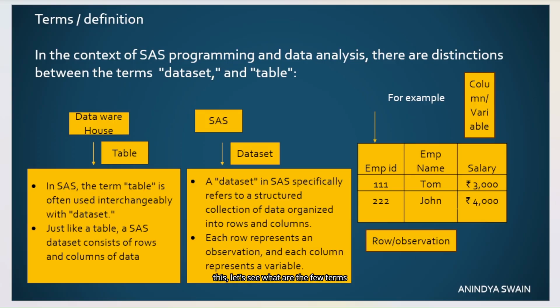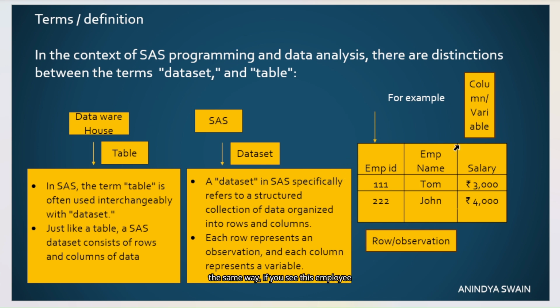With this, let's see what are a few terms and definitions we have in the context of SAS, which is a little different from the data warehouse context. In SAS, a table that is a collection of rows and columns is often called a dataset. I mean, in data warehouse, we call it a table, the same thing is called a dataset in SAS.